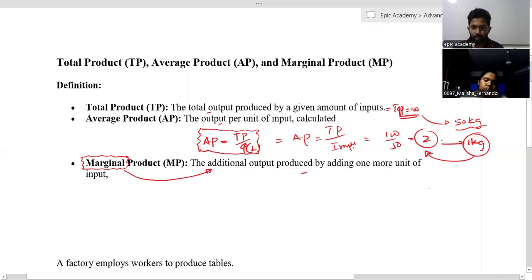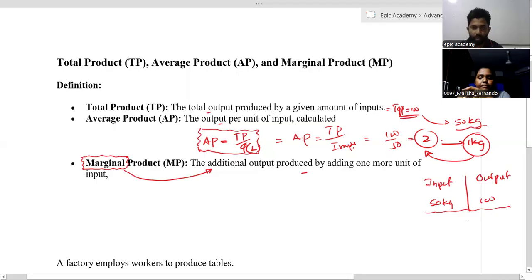So now input is 50 kilograms. You produce 100 breads. This is output. I take the same example to understand. That is very easy to identify. Are you okay?